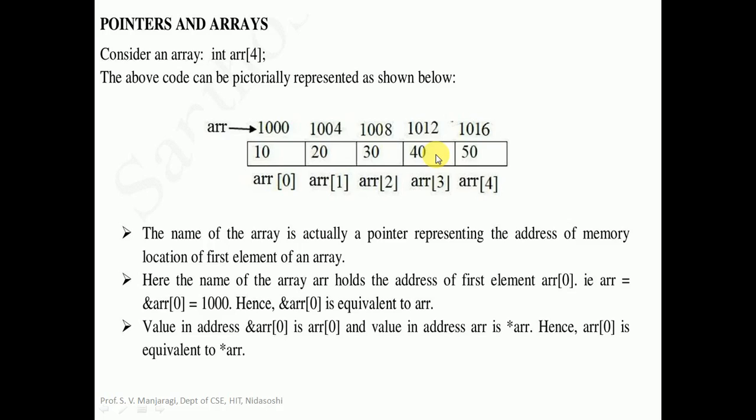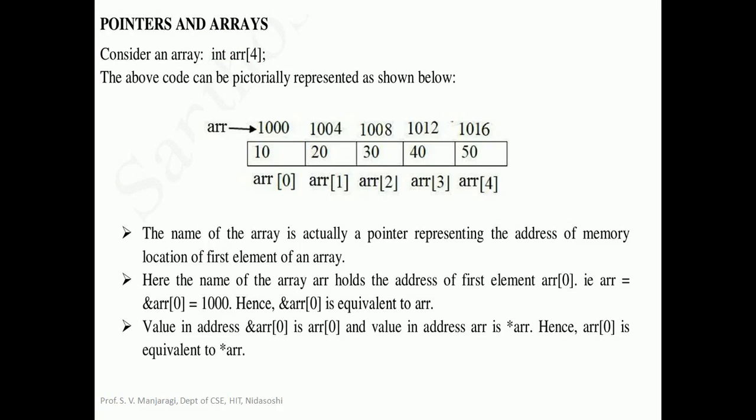How to do that? In this diagram, we can see the address of the next element is 1004. How did we get the value of the second element as 1004? We can calculate the address of the array's next element as base address plus size of the data type. The data type we have taken for the array is int here.